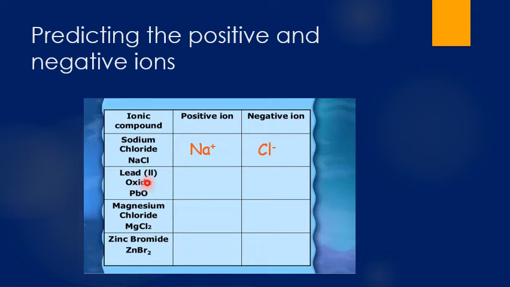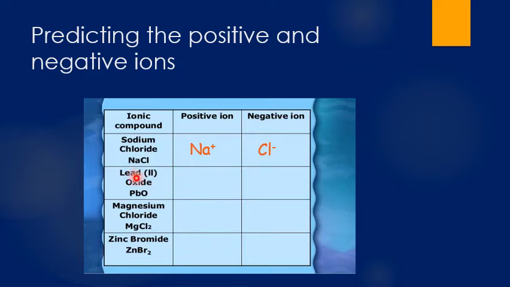The positive charge is normally a metal, or it could be a polyatomic ion like ammonium. But in most cases you're going to have a metal and a non-metal. The metal is going to give you a positive ion because metals lose electrons to become more positively charged, whereas the non-metals gain electrons to become more negatively charged.